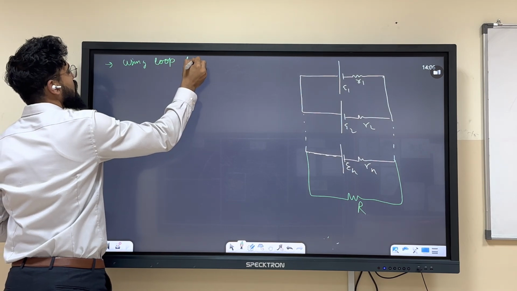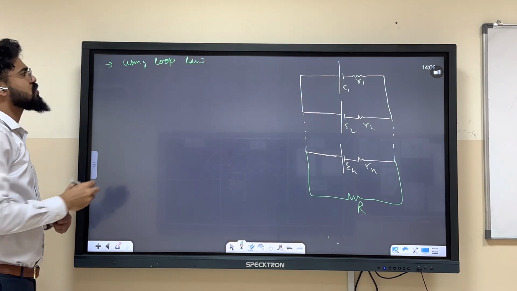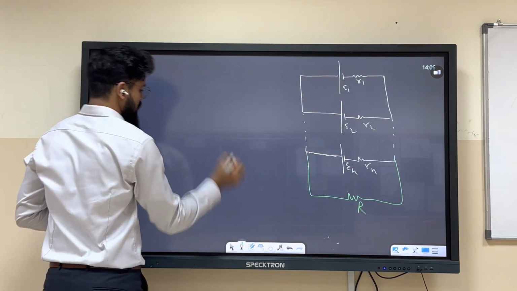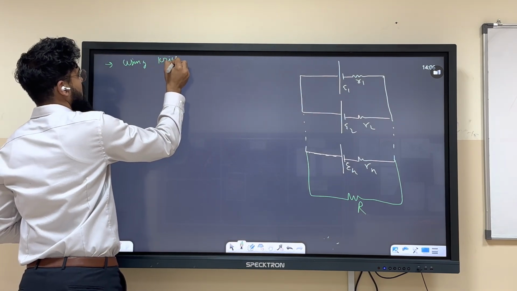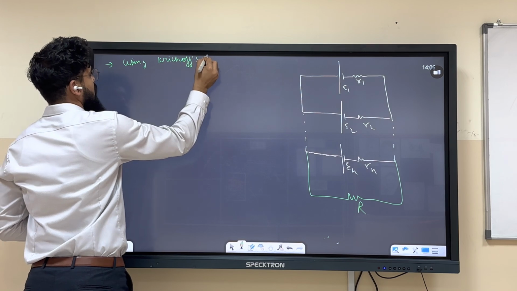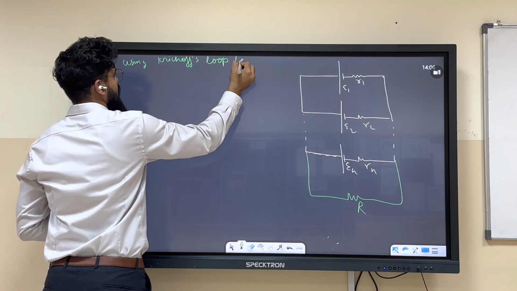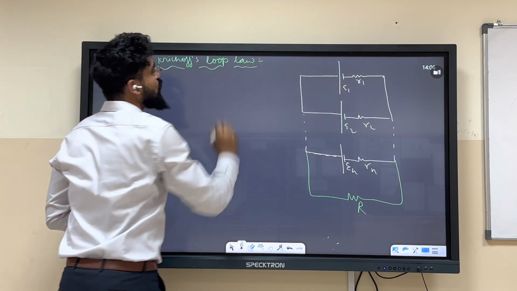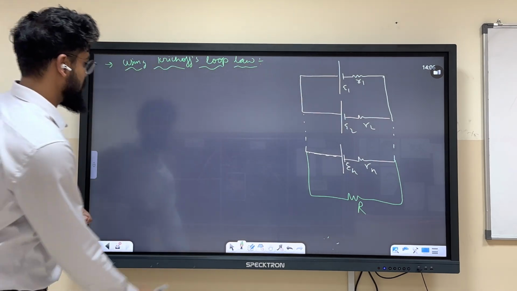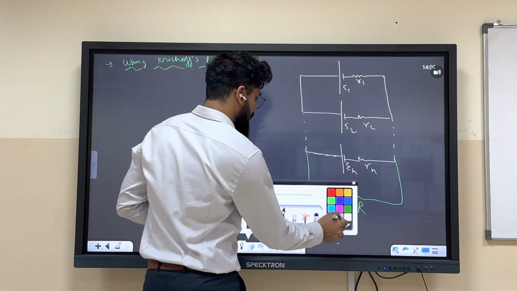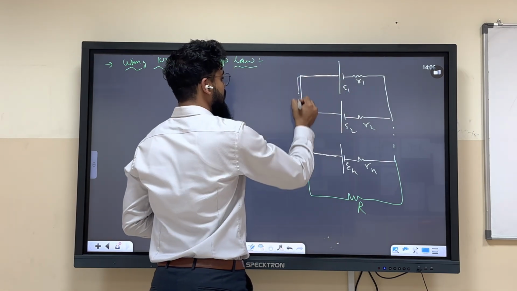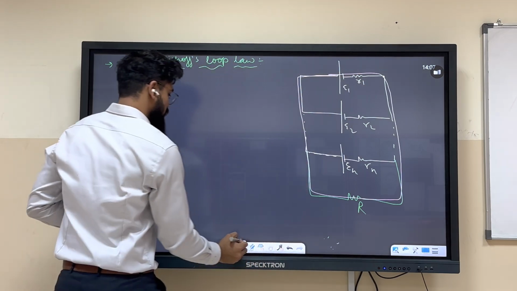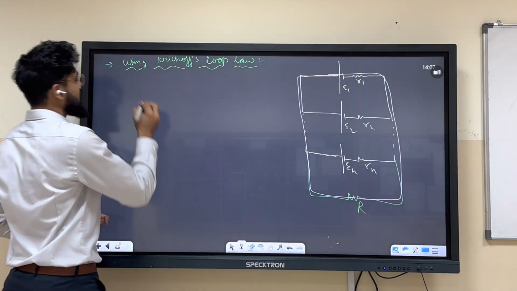Using Kirchhoff's loop law, if we are taking this circuit, look carefully, the outer one, how can we write it?